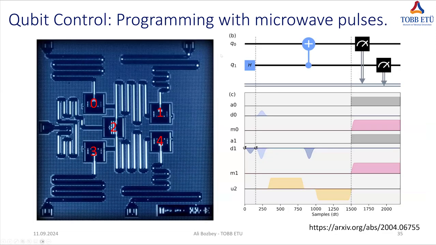In this case, for example, if you want to implement this quantum circuit, you apply these RF pulses at these times with some specific durations. So when you have this QPU and these input pulses, you implement this logic gate.